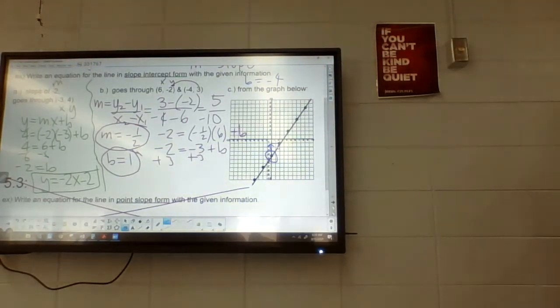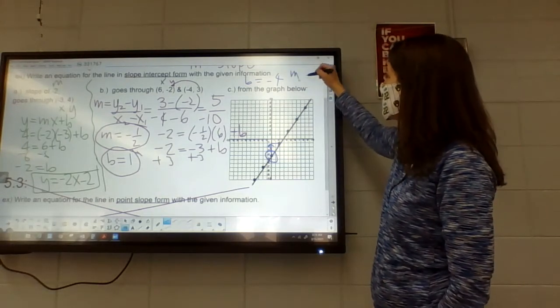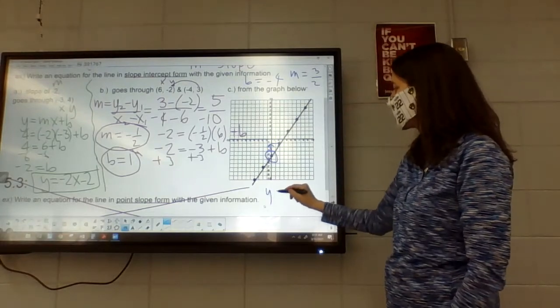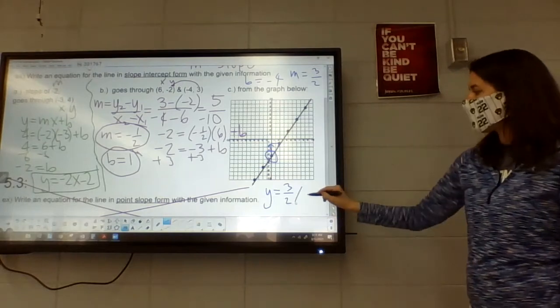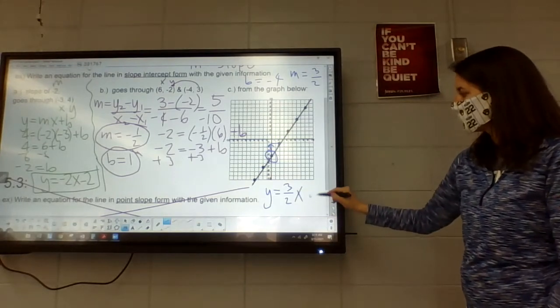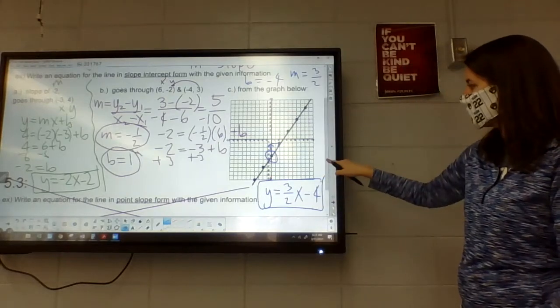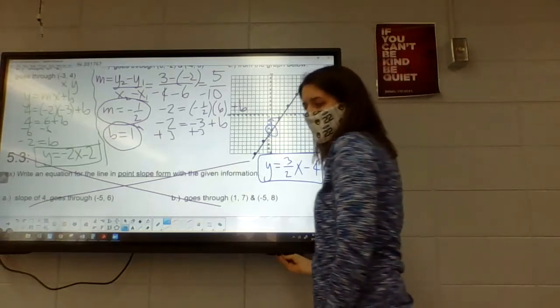I can tell it's already going to be a positive. Rise over run tells me it's 3 over 2. So that's our equation. 3 over 2x, and then -4. Okay?